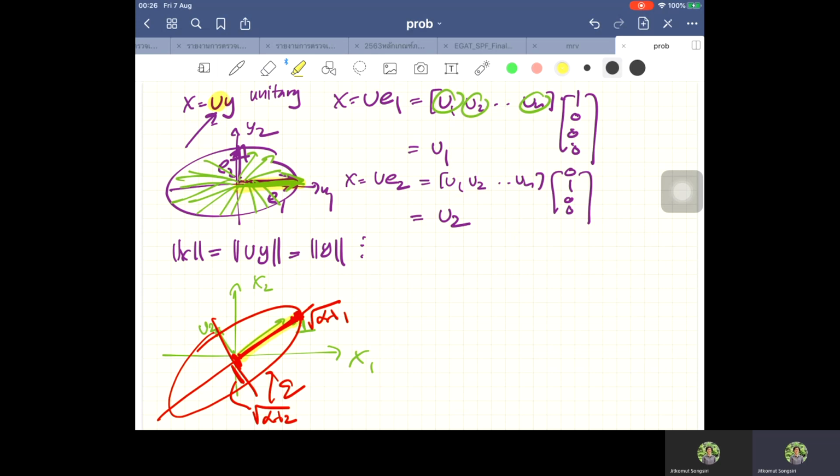So this is how we plot an ellipsoid. Let me illustrate with some plots in MATLAB.